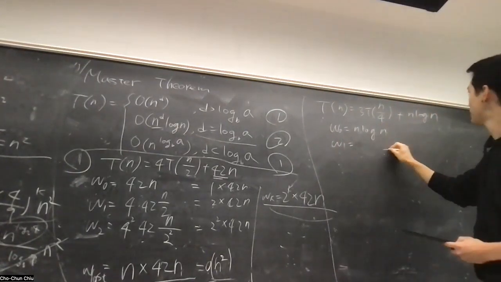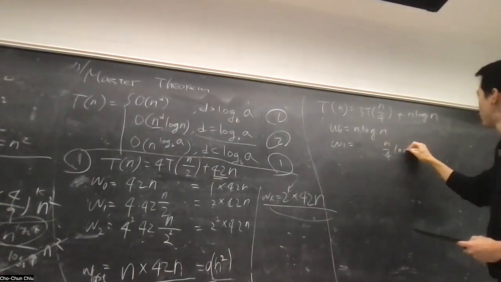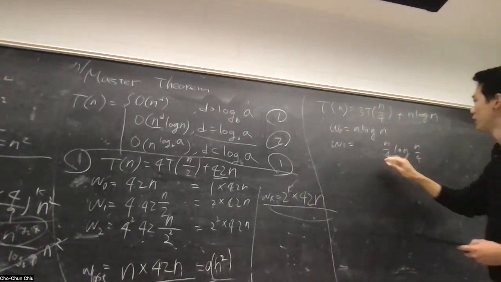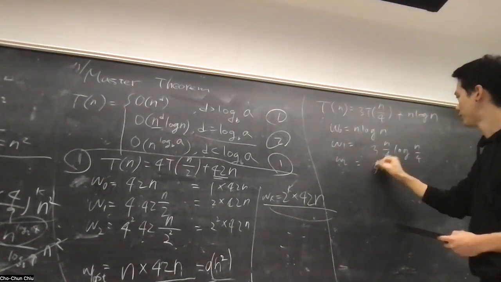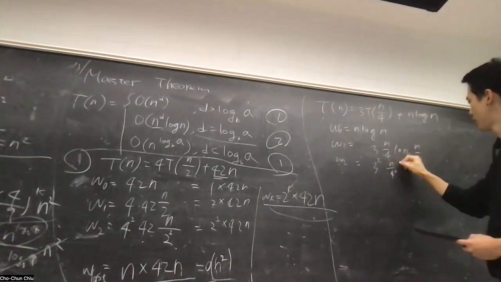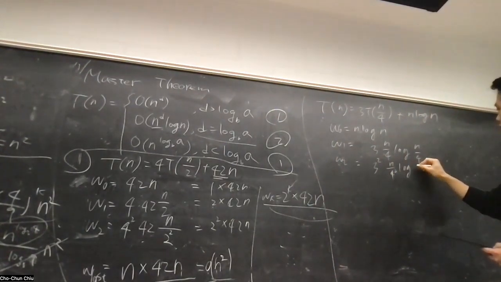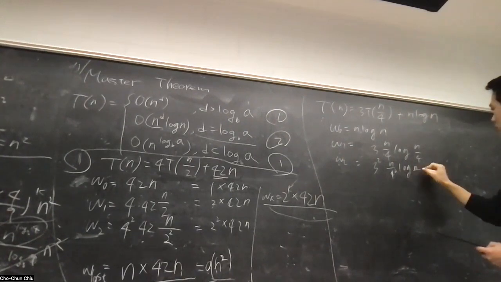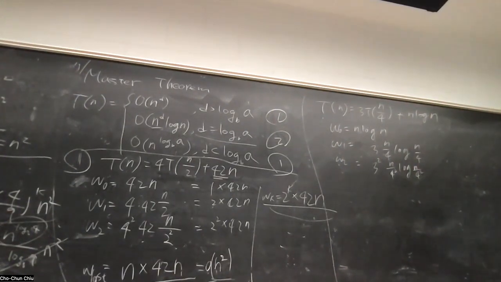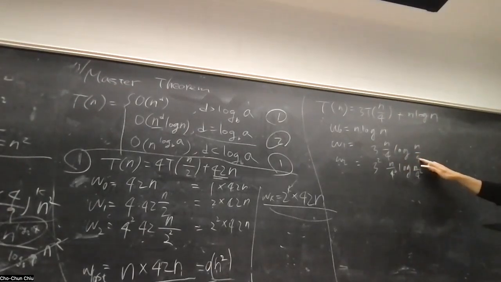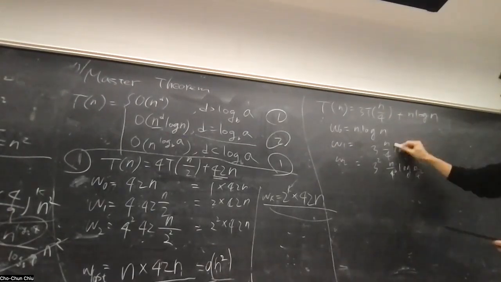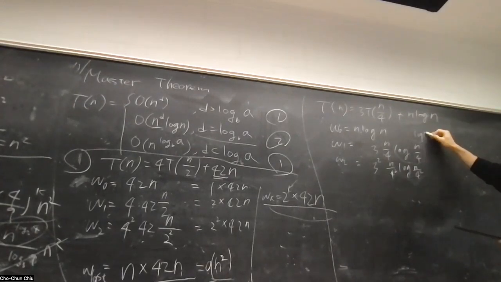We have a smaller size that's going to be n over 4 log n over 4, and then 3 times, right? For W2, we have much smaller, and then also n log, right? And then what is this one? This also we can express by something like log n minus log 4.